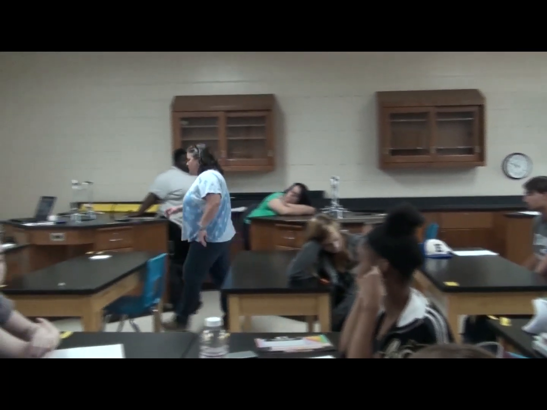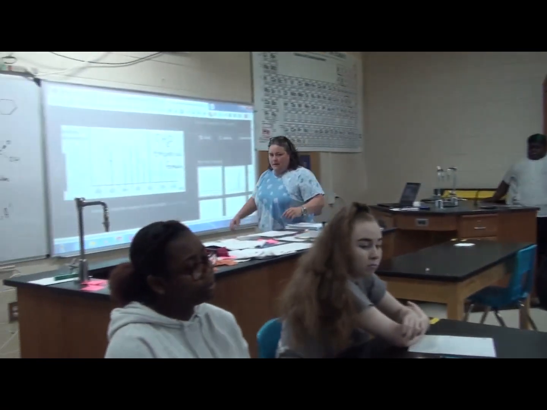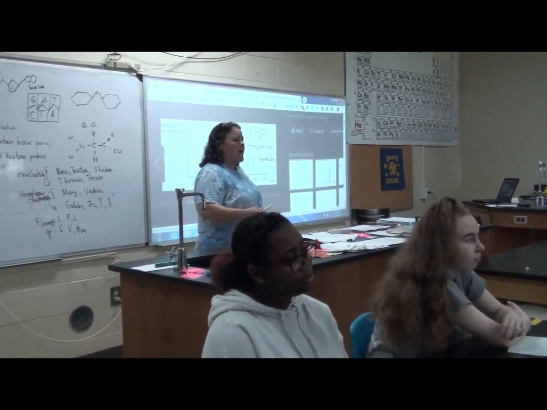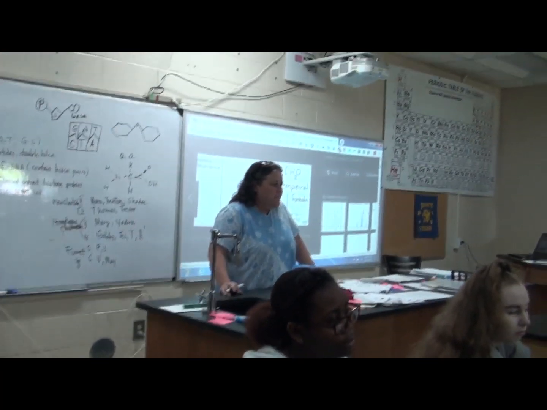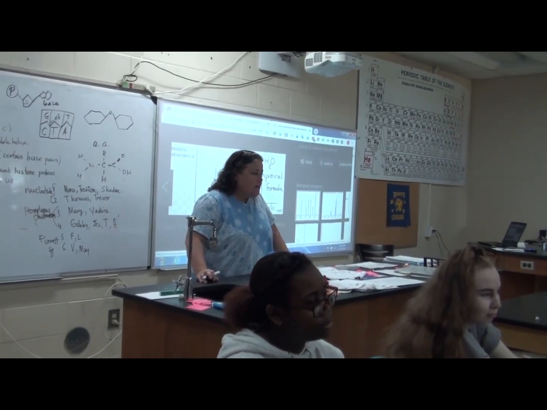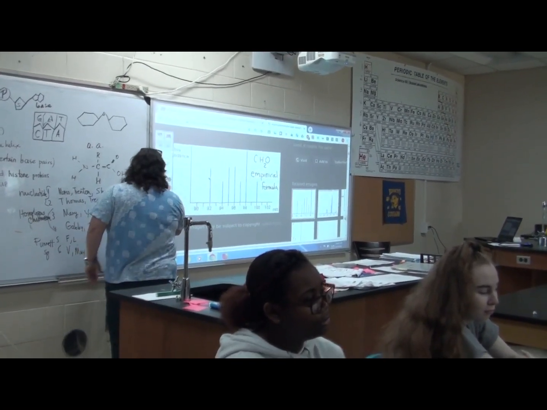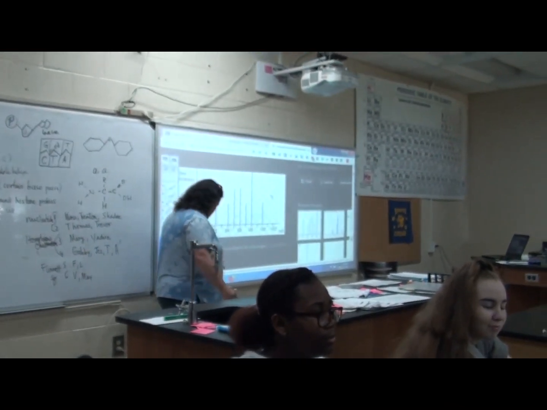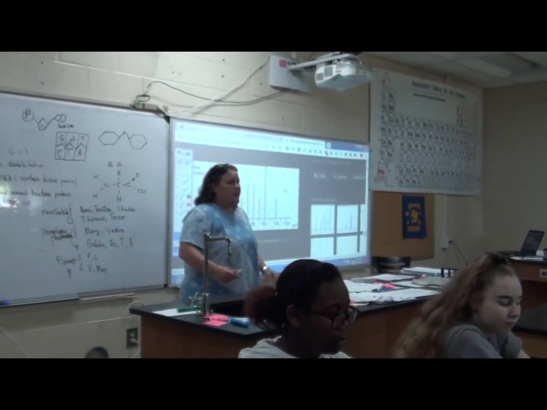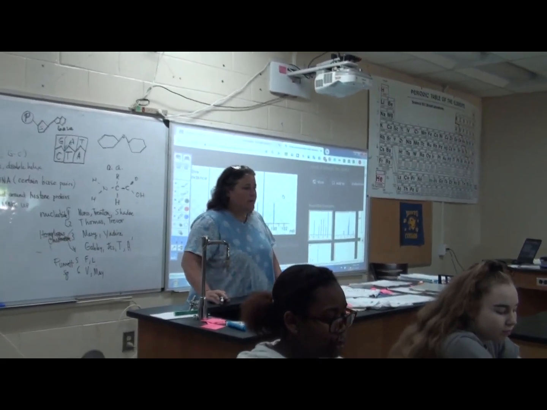Just real quickly, the instrument's called a mass spectrometer. Byron? Yes, ma'am. The instrument's called a mass spectrometer. You don't really have to know that. All you need to know is how to interpret it.